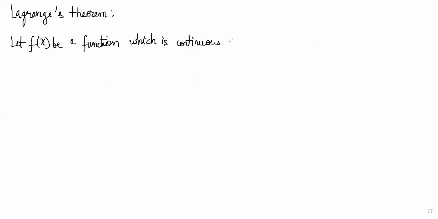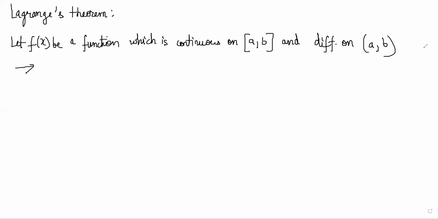Lagrange's theorem is very similar to Rolle's theorem. So we'll start off by saying the same thing. Let f of x be a function which is continuous on [a, b] and differentiable in the interior. Now there is no extra condition in Lagrange's theorem.